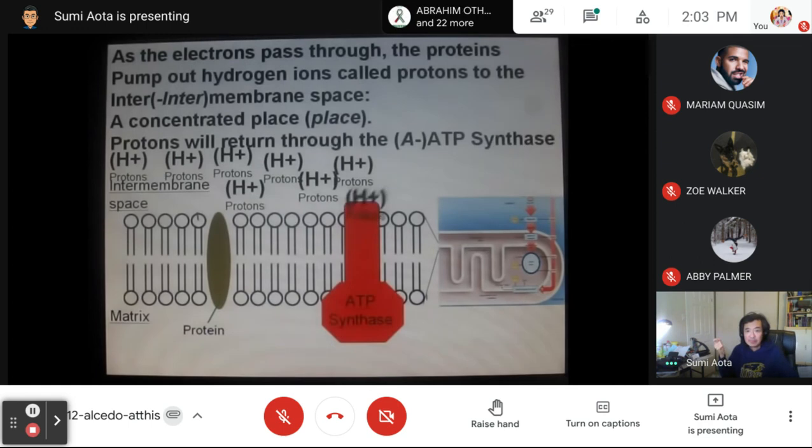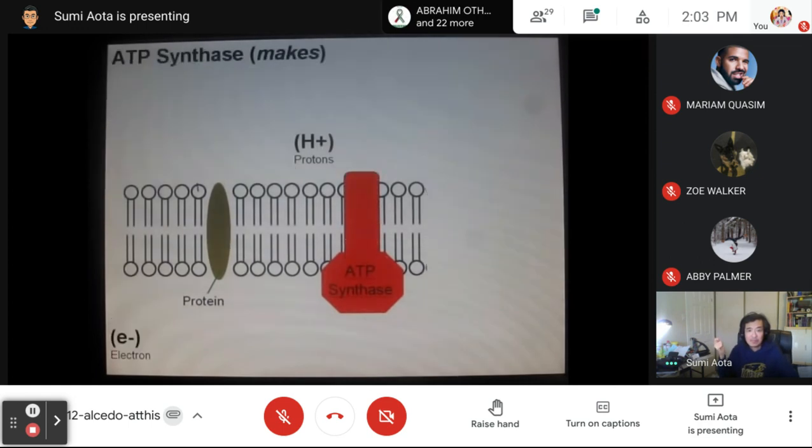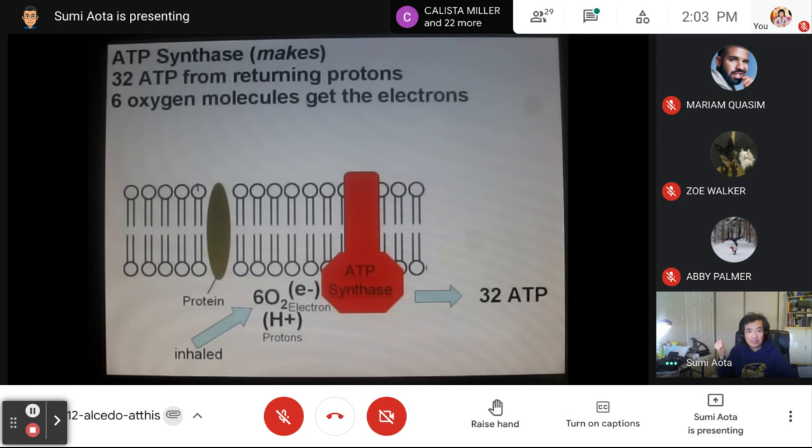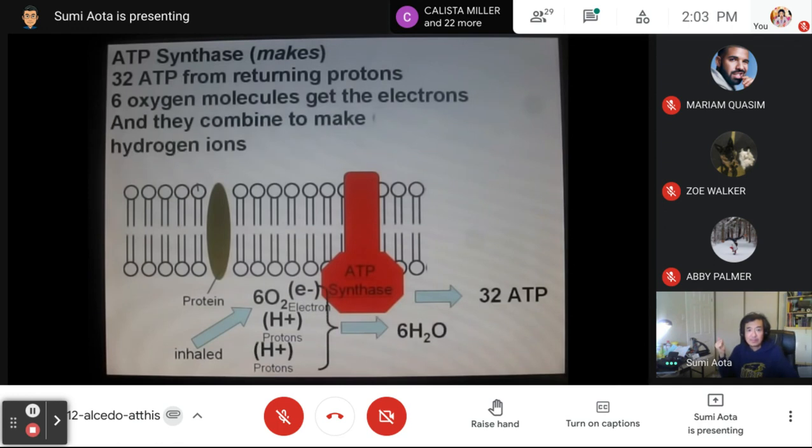Protons will return through ATP synthase, which makes 32 ATP from returning protons. 6 oxygen molecules get the electrons, and they combine to make 6 water with hydrogen ions.